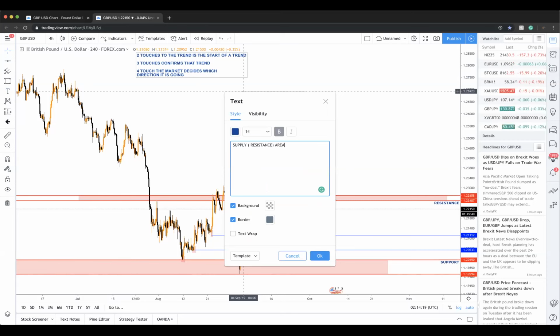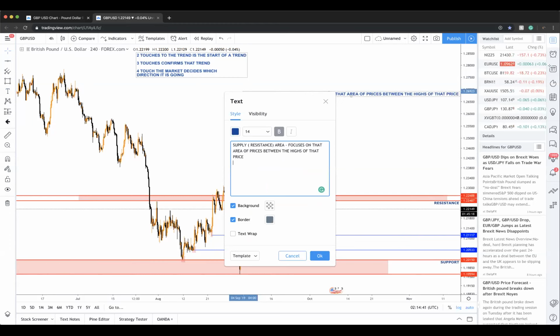area focuses on that area of prices between, the clearest way we can put it, the highs of that price.